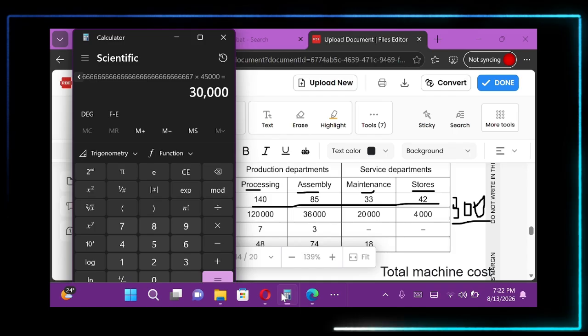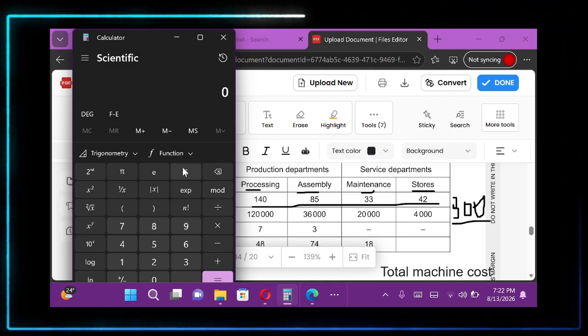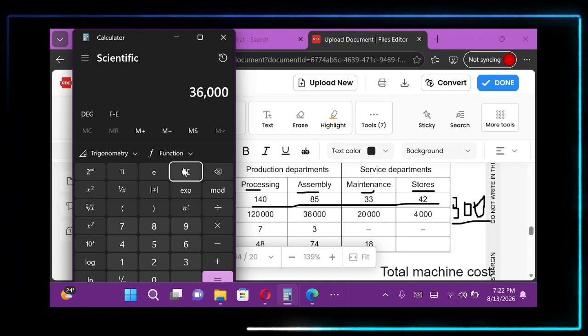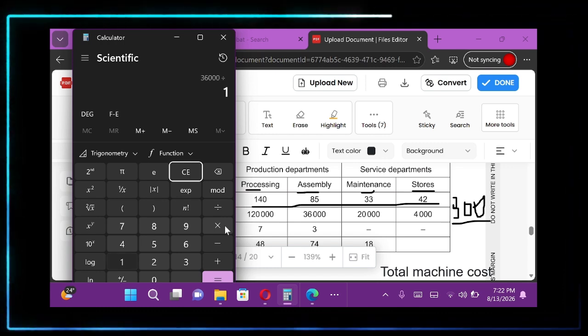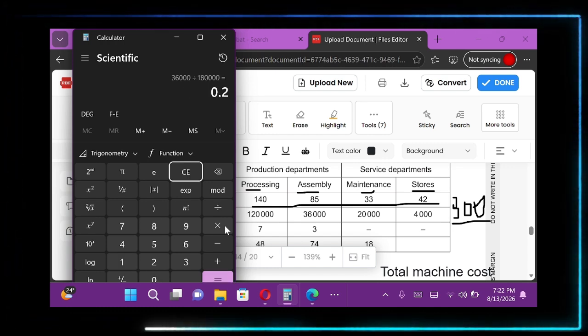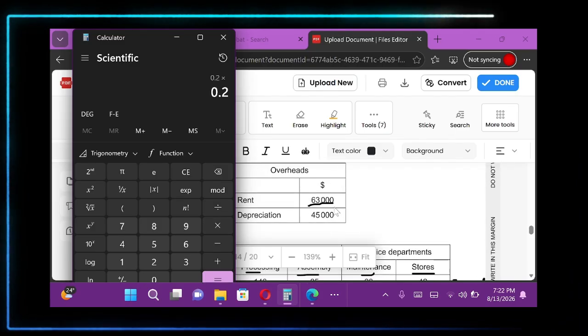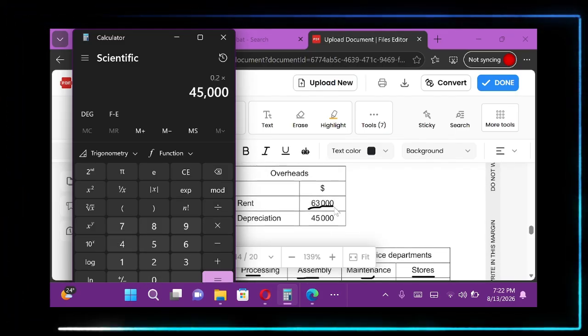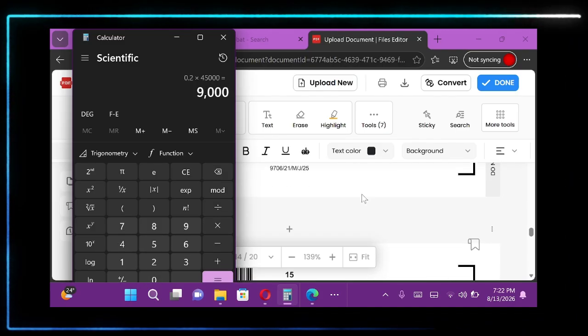Now let's do the same thing. 36,000 divided by 180,000 multiplied by 45,000, 9,000.